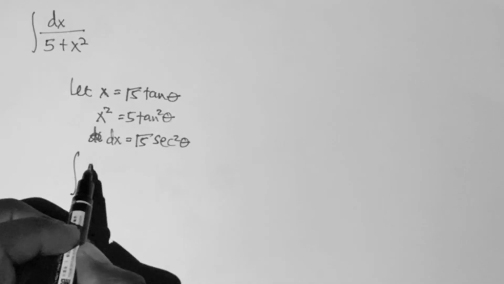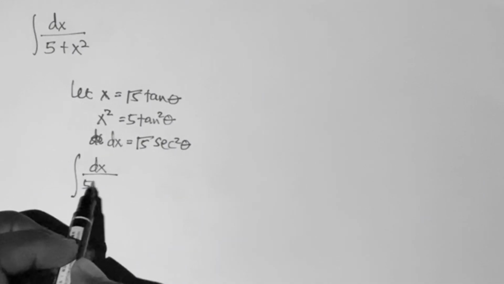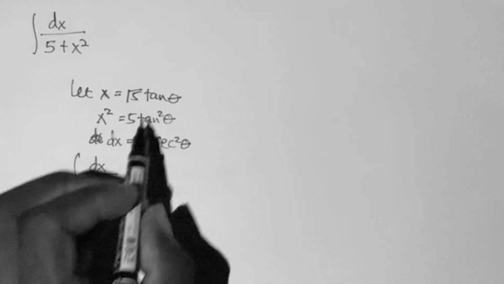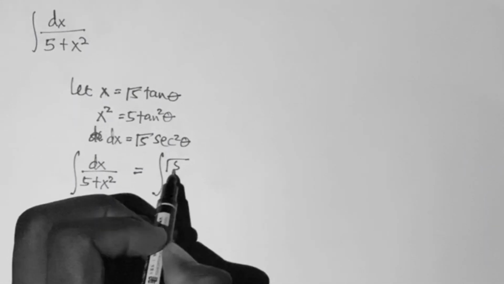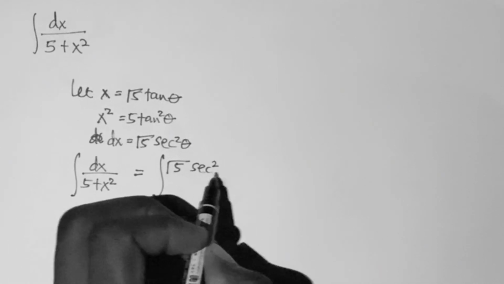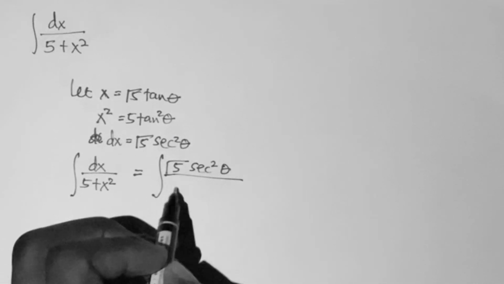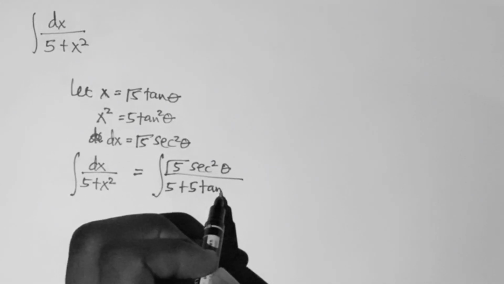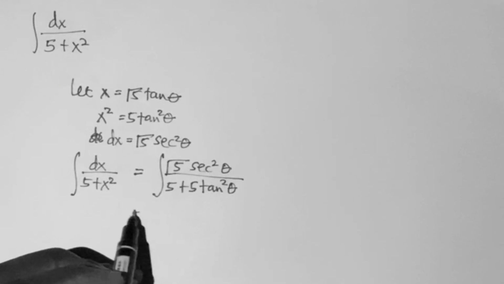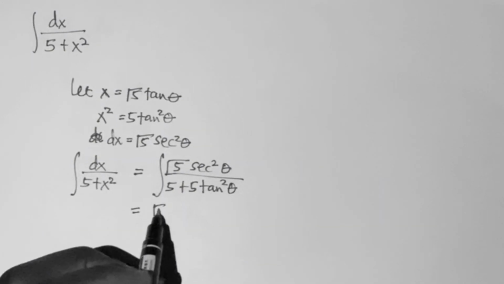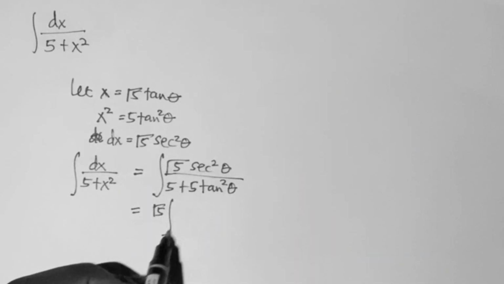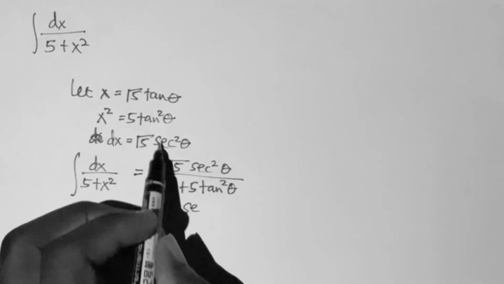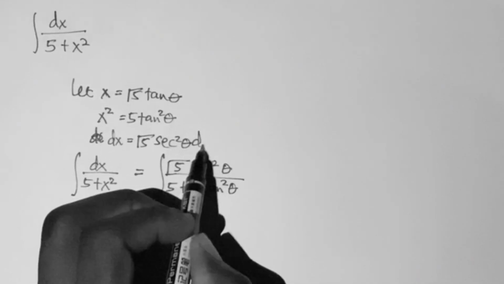So the integral of dx divided by 5 plus x squared is equal to integral of dx, square root of 5, then sec squared theta divided by 5 plus x squared, which is 5 tan squared theta. So I'm pulling this root 5 out, so root 5, then integral of sec squared theta d theta, since there is dx, so there is a d theta here.